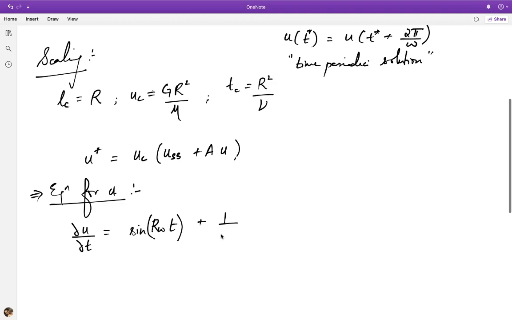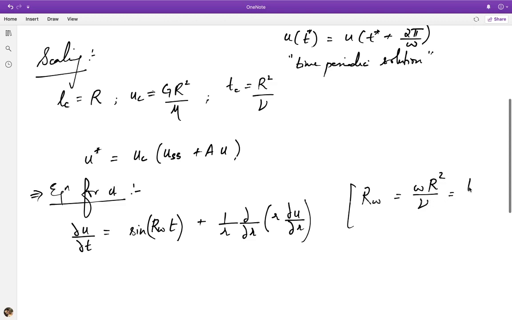And then I have the viscous terms, where Rw is equal to omega times r square over nu, which is basically the viscous time scale upon the time scale of the oscillations, where the time scale of oscillations is 1 by omega, and this is the viscous time scale.